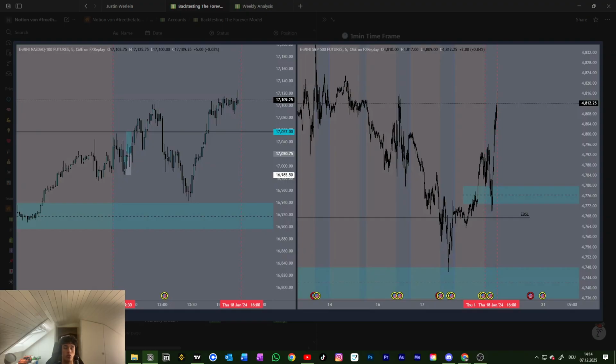You just somehow react off the break of structure and the liquidity sweep. You have more insight into the model because we have a model in the model, and I think the best thing about the strategy is you can really start to guess the bias better every day, because it's just more accurate.